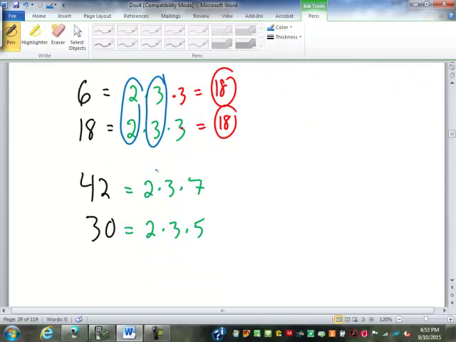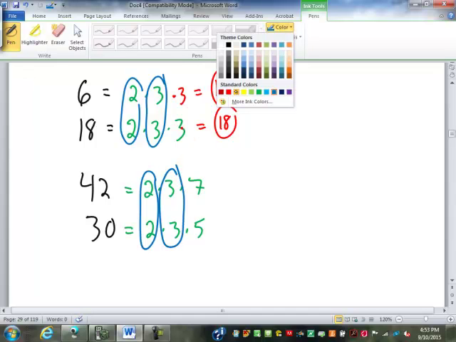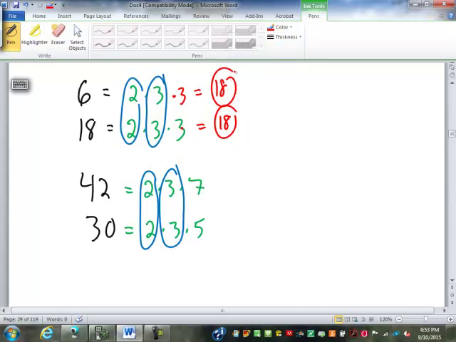They both have a 2, both have a 3. Again, what we're concerned with is what's left over after we look at the common pieces. This one has a 7, so this one needs a 7. This one has a 5, this one needs a 5. Now, do they all have the same factors? Yes. This multiplies up to 210. This multiplies up to 210. 210 is the least common multiple.